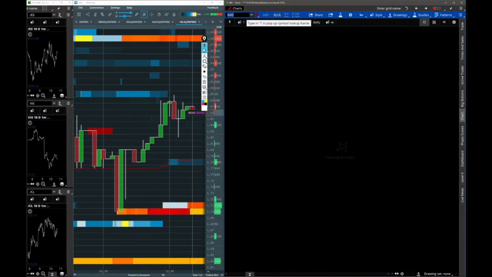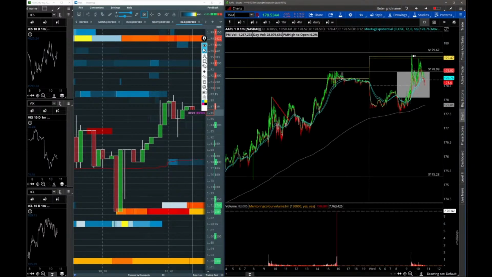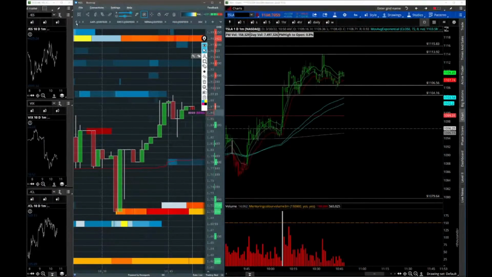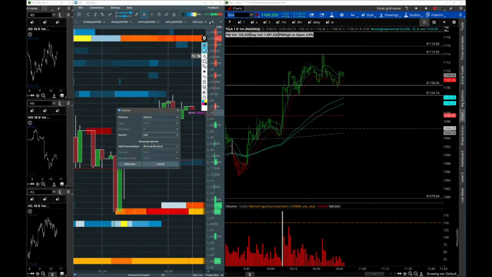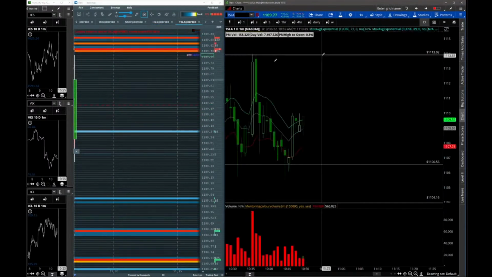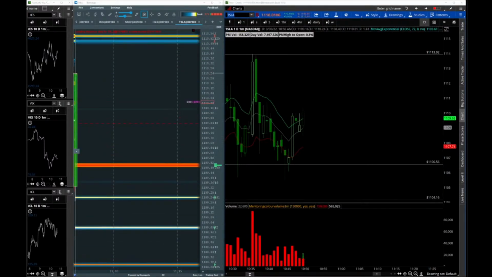Infi. Yeah, just a 20% gapper for now. Apple, nothing. So watching ADGI, traders coming up.